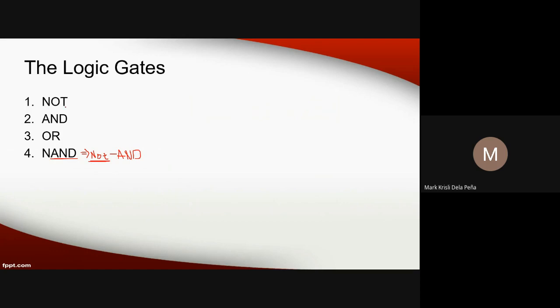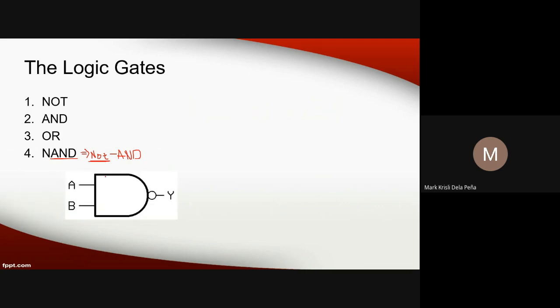We'll be placing a NOT gate inside an AND. That's NAND, just the negation of whatever the output of an AND gate. A NAND gate has an output opposite to, or in complement to, the AND gate.